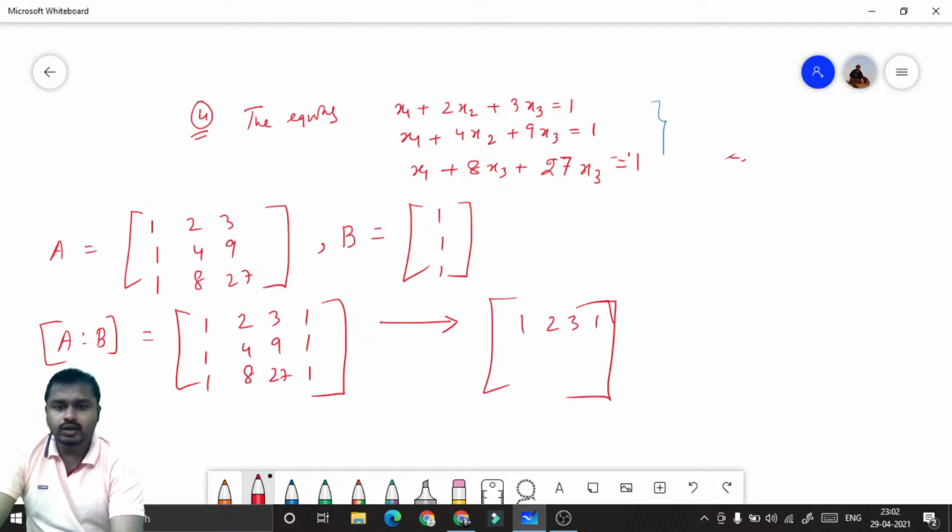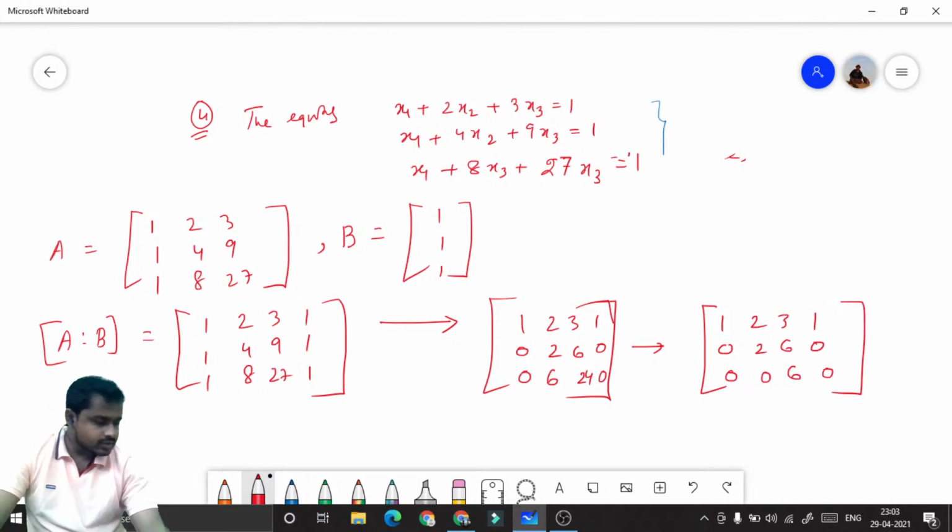So 1 2 3 1, 0 2 6 0, 0 6 24 0. Now from here, simply multiply the second row by 3 and subtract it from the third row. 1 2 3 1, 0 2 6 0, 0 0 6 0.